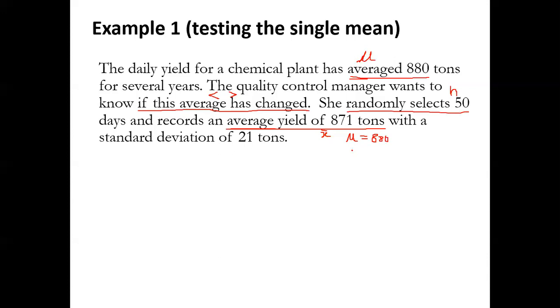The second one is n, equal to 50. The average yield of 871 tons is X bar, so X bar is equal to 871.